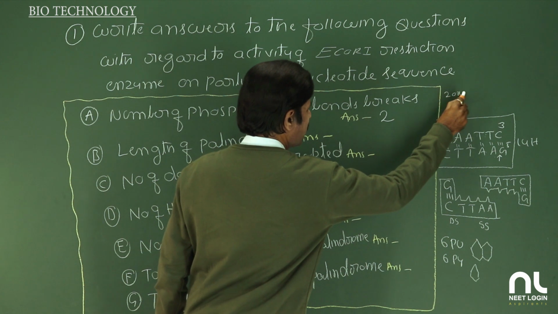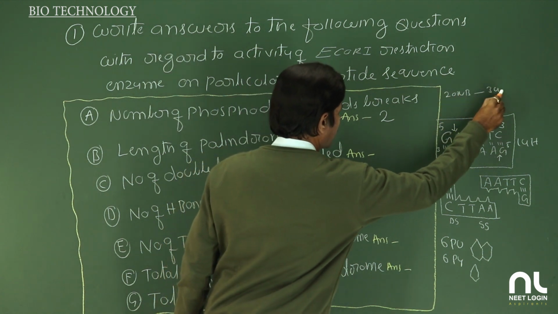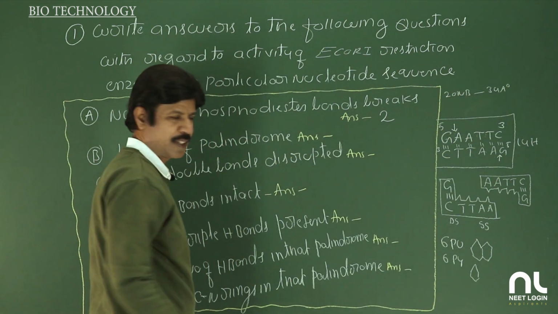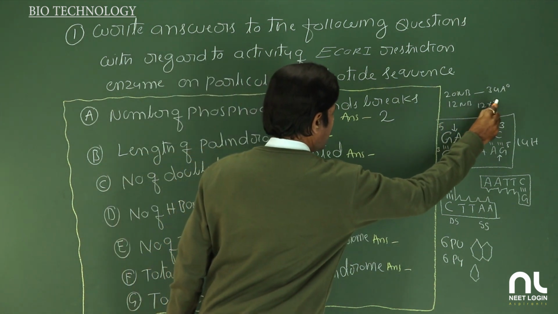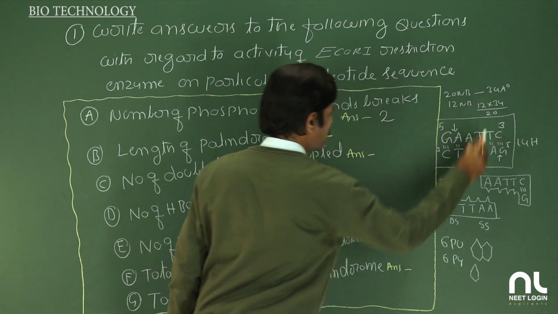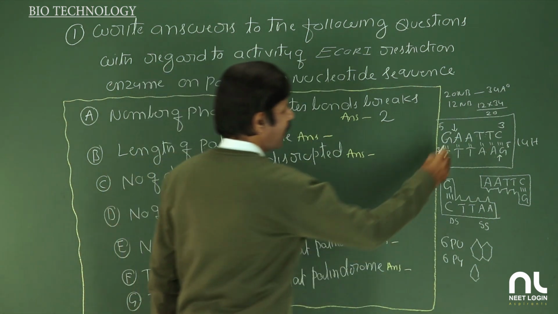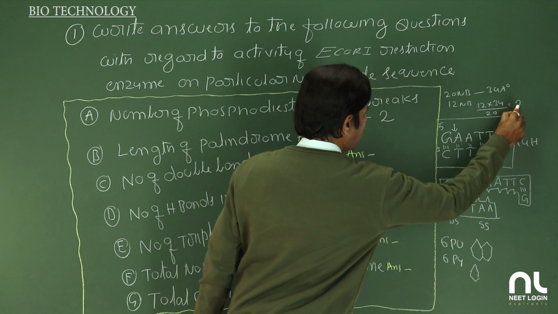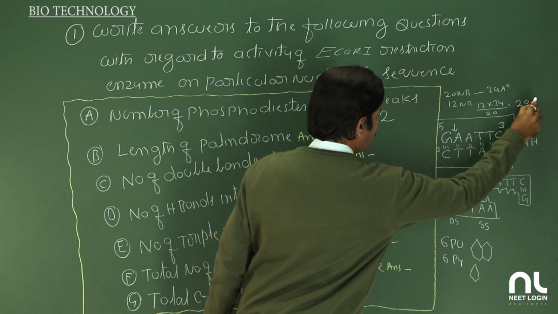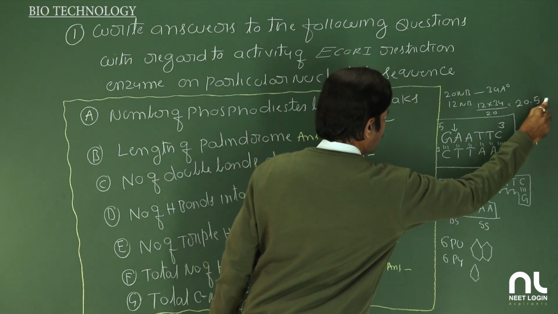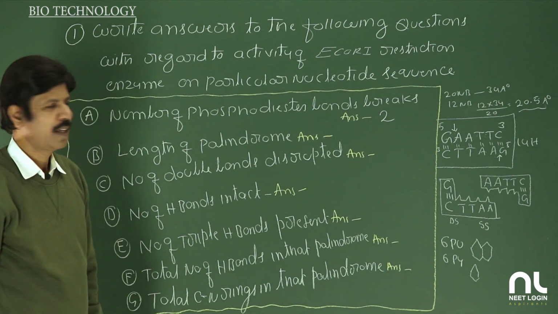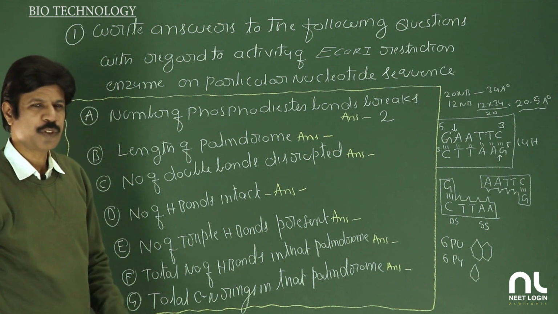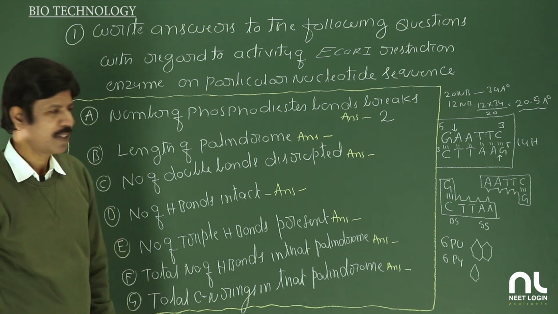For 20 nitrogen bases it is 34 angstroms. For 12 nitrogen bases, 12 into 34 by 20. It comes to 20 point something, about 20.5 angstroms. Length of the DNA is 20.5.